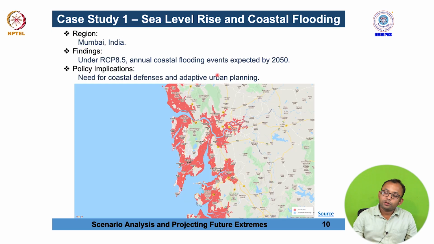Then there is another case study of Mumbai, where because of the future conditions, RCP 8.5 particularly, the annual coastal flooding is likely to increase by 2050, and there are multiple places here marked by red, which shows that those places are likely to be inundated by 2050 because of the high chances of sea level rise, and at the same time we have flooding and urban flooding events in those areas.